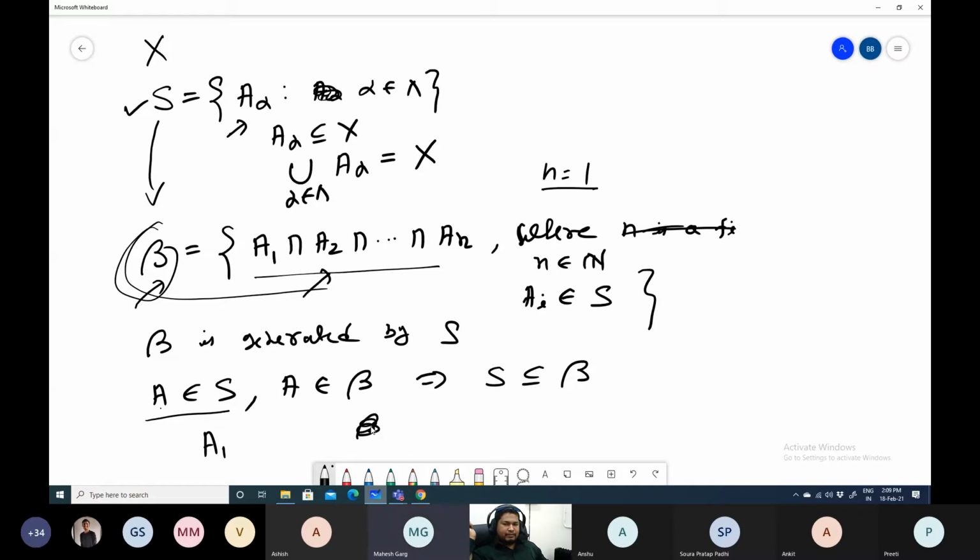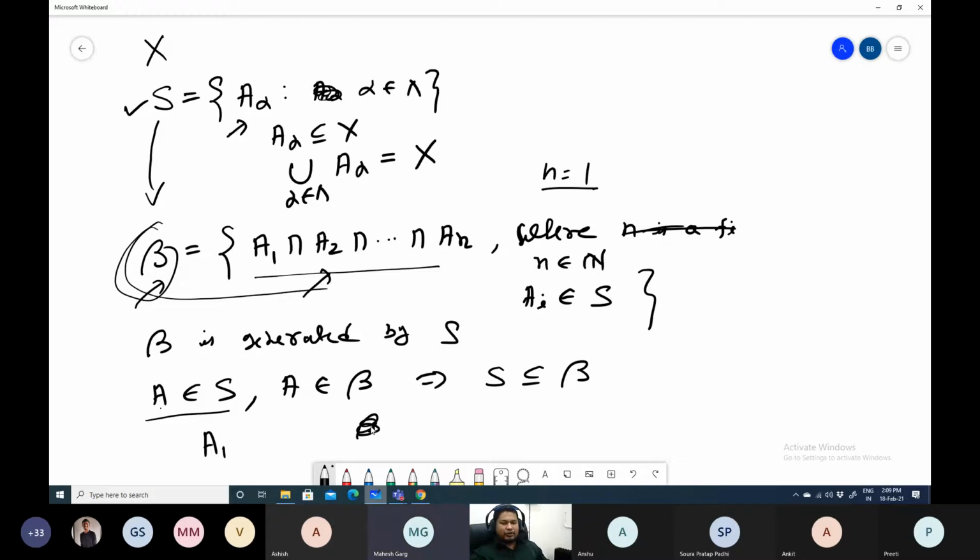For an example, see what a basis actually is. Whenever you have a basis, it is all possible unions of the elements. So if you have a finite basis, and you take all possible unions of the finite elements, then you should have finitely many elements only.